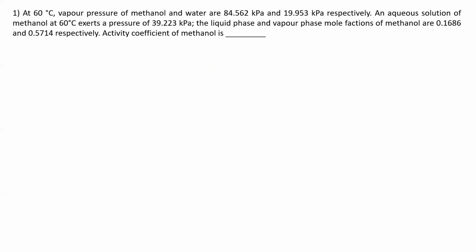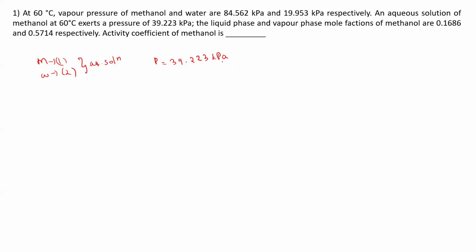The first question is: at 60 degrees Celsius, the vapor pressures of methanol and water are 84 kilopascal and 19 kilopascal respectively. An aqueous solution of methanol, methanol being 1 and water 2, exerts a pressure of 39.223 kilopascal.